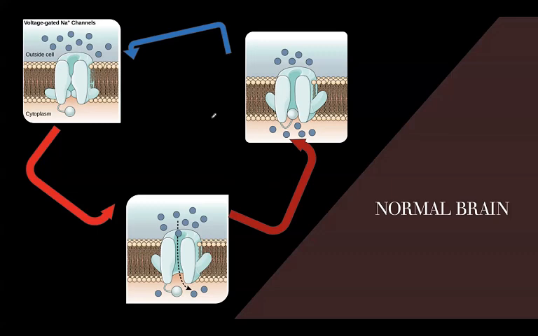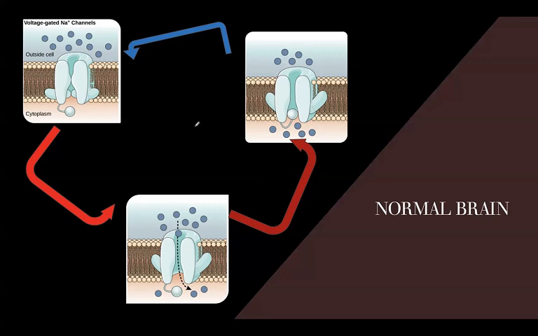Now, we need this to be happening, especially the open to inactivated to closed, because if the channel does not return to the closed state, it means that no impulse can arrive to allow it to open, or when the impulse arrives, it will not open again for us to have more sodium entering. So if your brain has to communicate to another part of the brain, without these things happening, we cannot have the brain functioning normally.